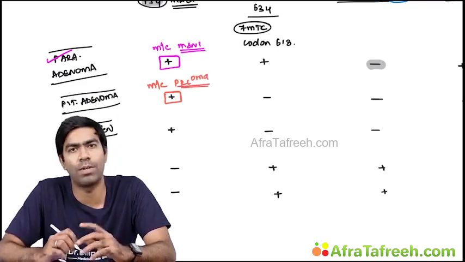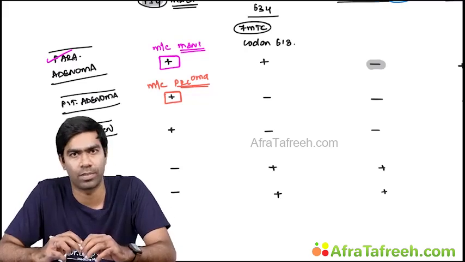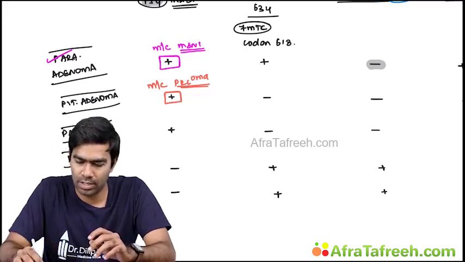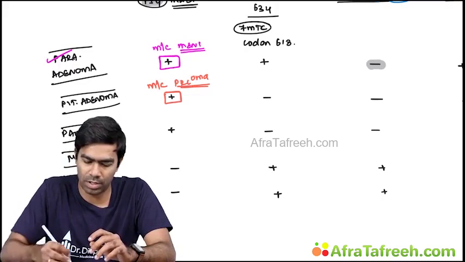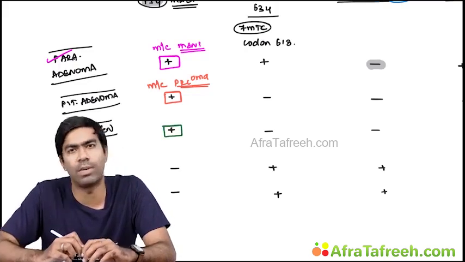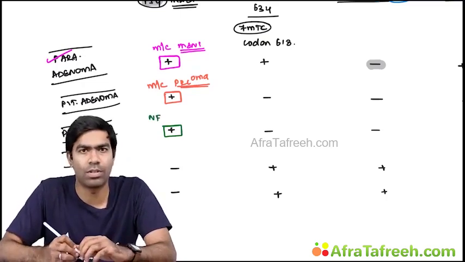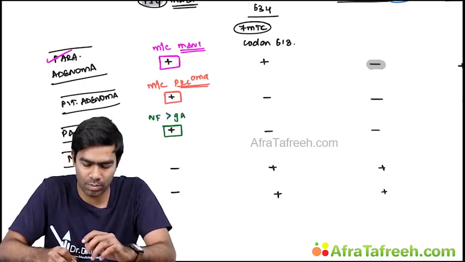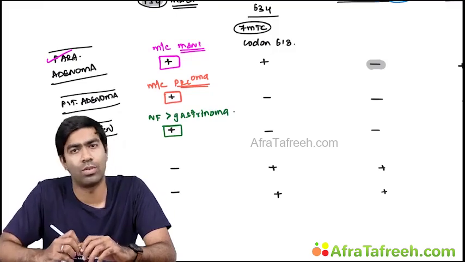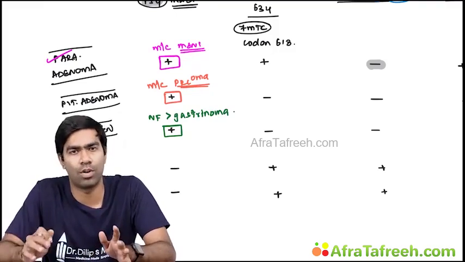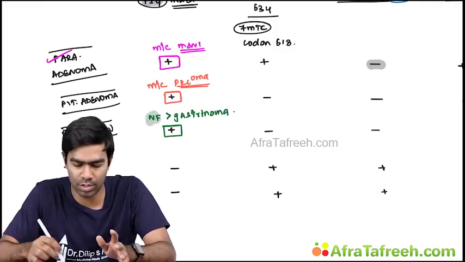This is the most common pituitary adenoma in MEN1. Similarly, if they ask you the most common pancreatic neuroendocrine neoplasm in MEN1, the answer will be a non-functioning tumor followed by a gastrinoma causing Zollinger-Ellison syndrome. So after gastrinoma, it's insulinoma, all right, but most commonly it's a non-functioning tumor.